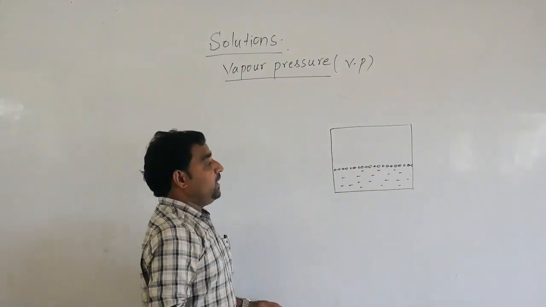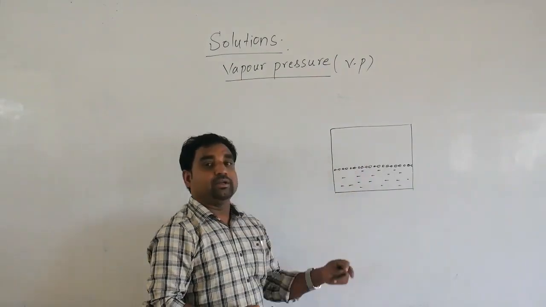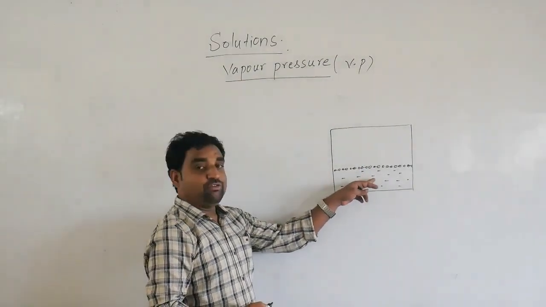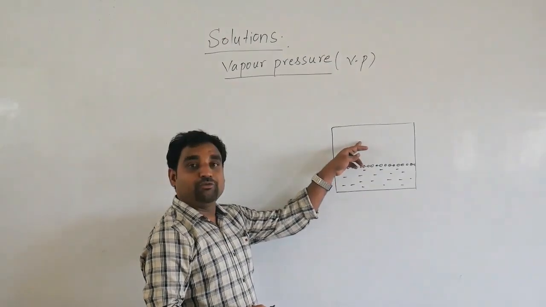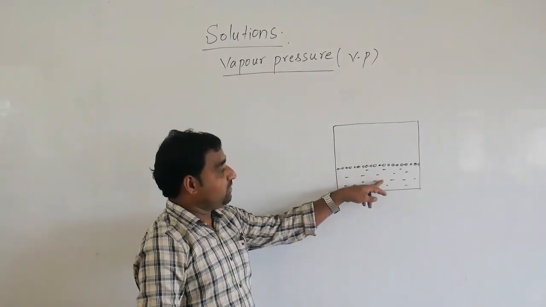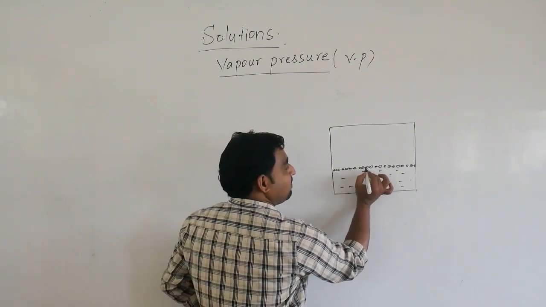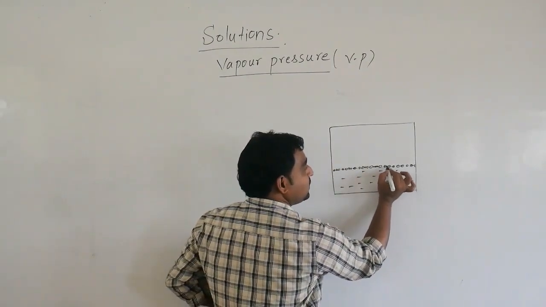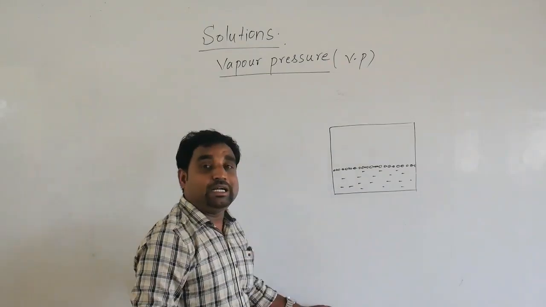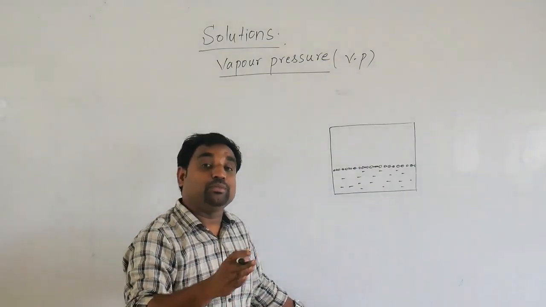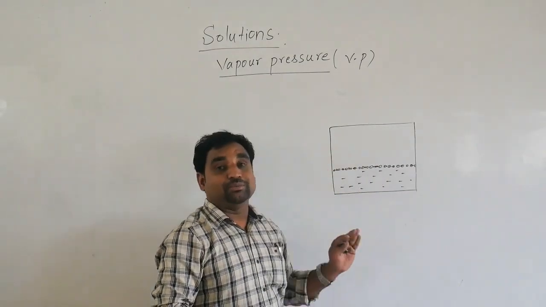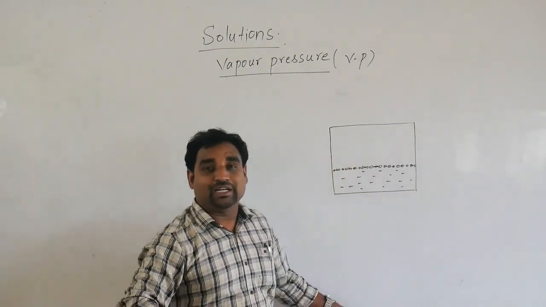When the liquid is allowed to evaporate, some of the liquid is converted into vapor molecules. Evaporation means the liquid evaporates to form vapor molecules. These molecules present at the surface of the solution have the tendency to escape from the liquid phase to the vapor phase, because they have more kinetic energy.